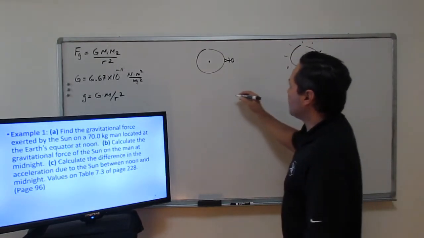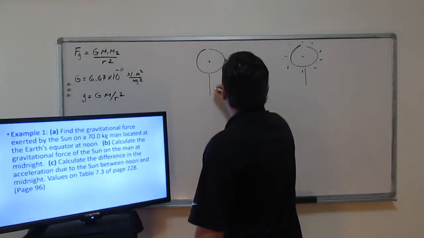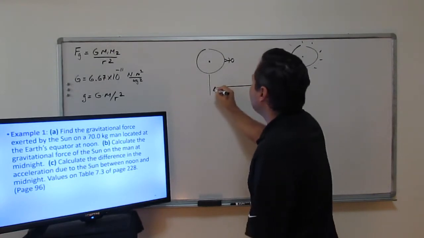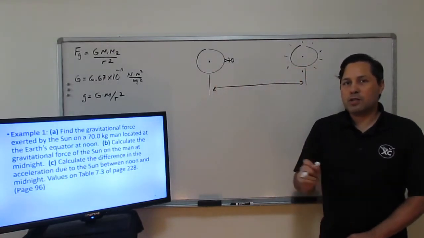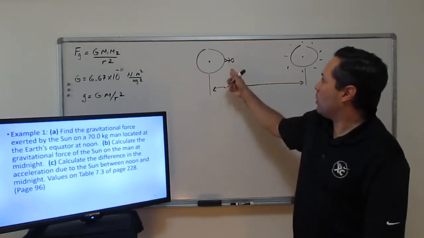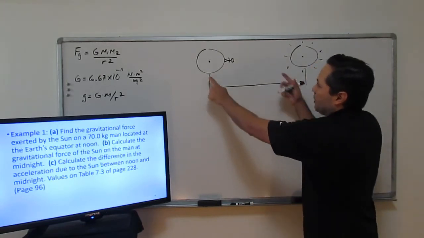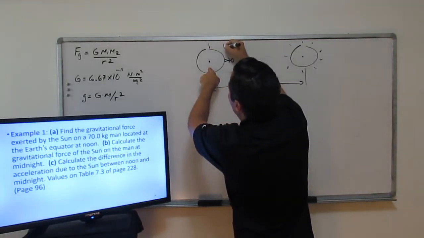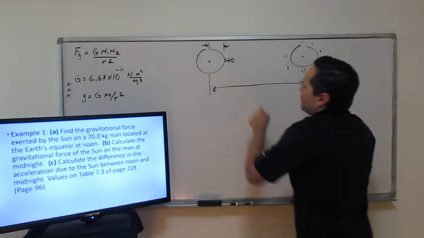Alright, and the distance from our planet to the sun is measured from the center of the sun to the center of our planet. So you always use the center. Though in this problem, when it's noon, this person is not quite this distance because, well, it's the radius of our planet. That's going to go ahead and make a difference.